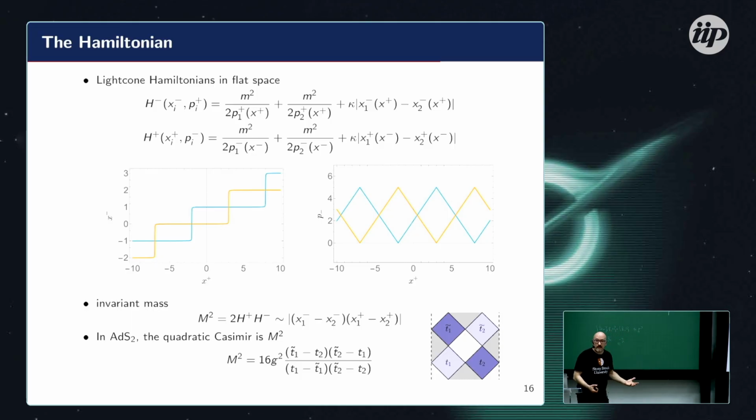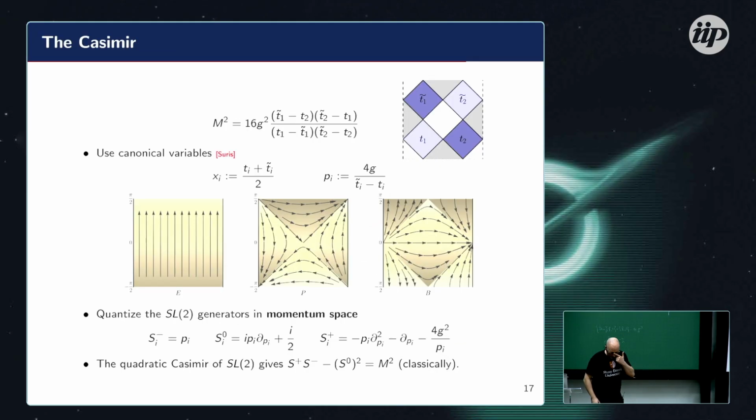Okay, so I have some Poisson brackets. I have some Hamiltonian. I can take those time variables and build canonical variables. And in terms of these variables, I can write down some SL2 generators for this AdS2 space.